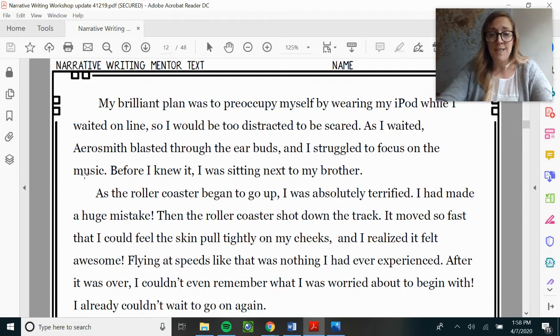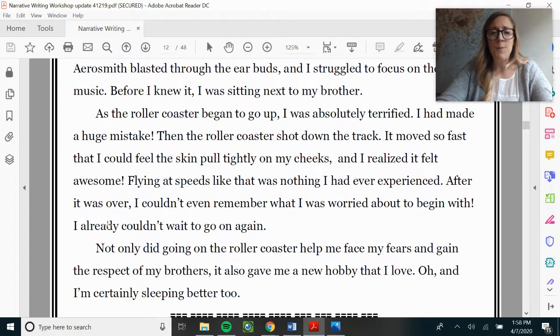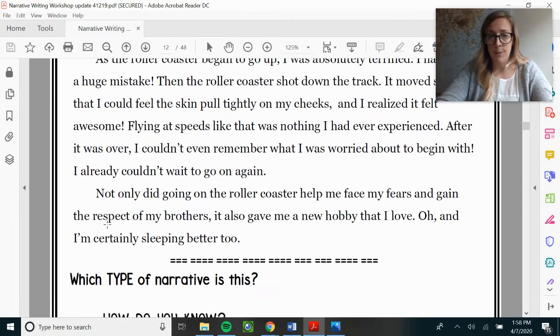I had made a huge mistake. Then the roller coaster shot down the track. It moved so fast that I could feel the skin pulling tightly on my cheeks, and I realized it felt awesome. Flying at speeds like that was nothing I had ever experienced. After it was over, I couldn't even remember what I was worried about to begin with. I couldn't wait to go on one again.